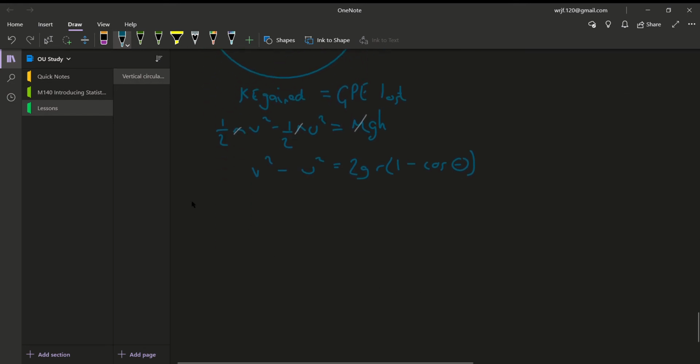So if u equals 0, then this equation just becomes v squared equals 2gr(1 minus cos theta).